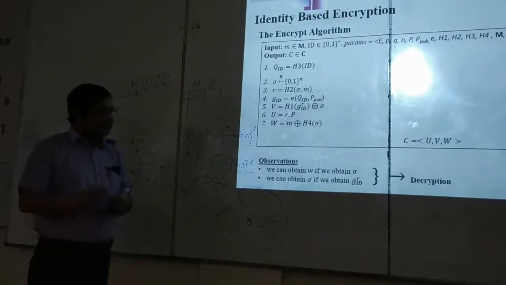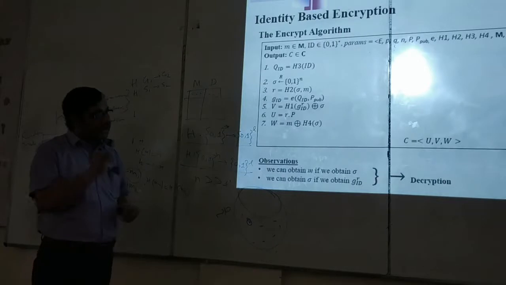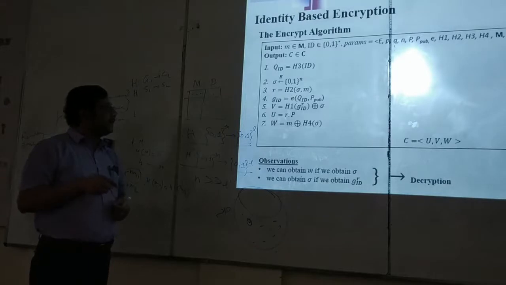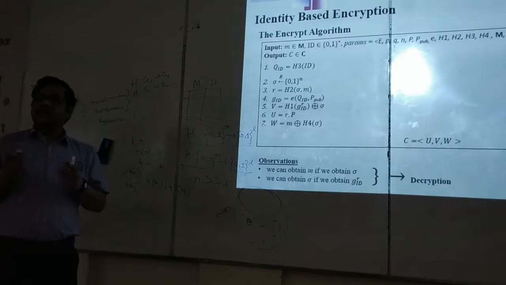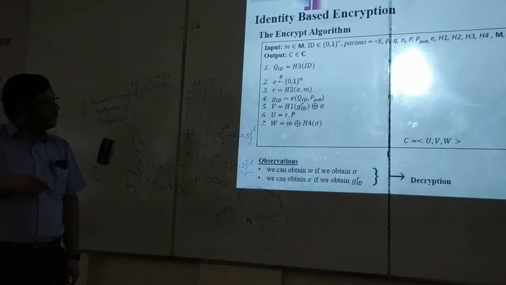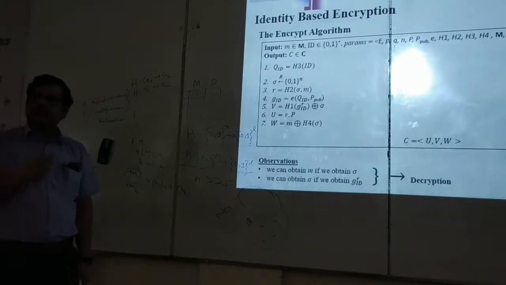Not like that. Purposefully it has been done, and you have to understand that so that you can design new cryptographic algorithms. So here we are mapping this G and R into an n-bit string. This n-bit string we are using to mask sigma.